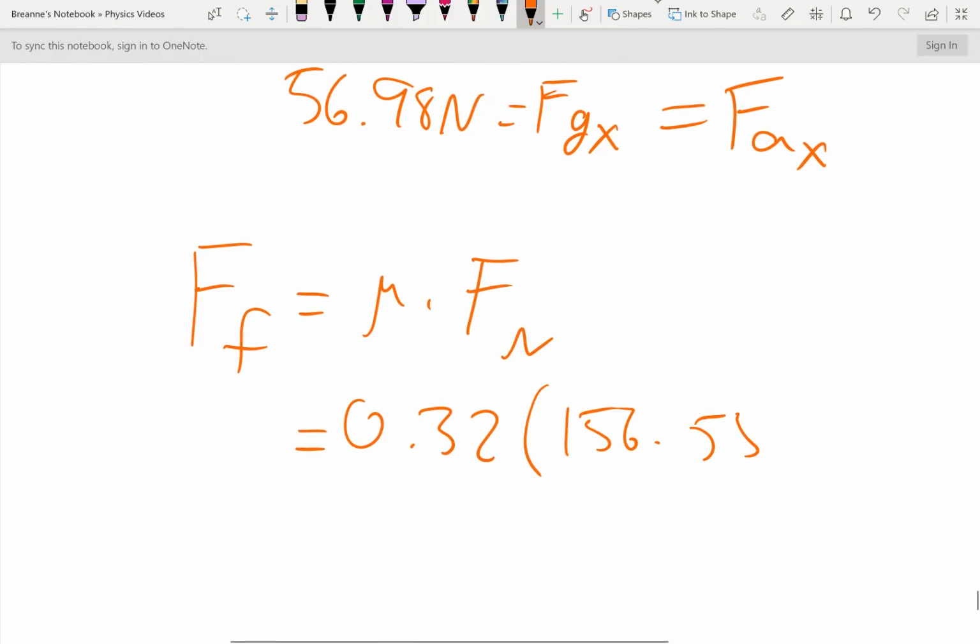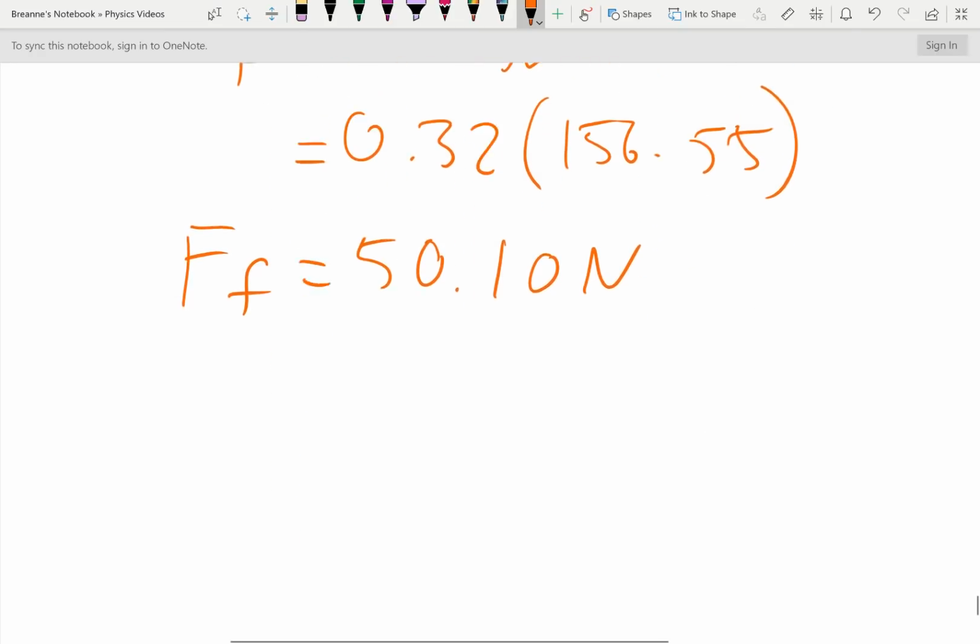And you just plug that into your calculator. And you get your force of friction to be 50.1 newtons. So that's your force of friction.